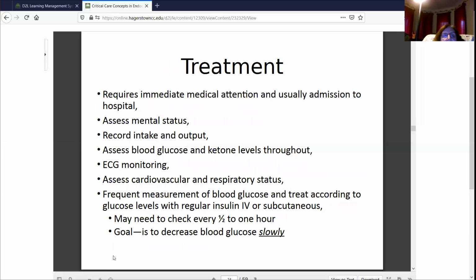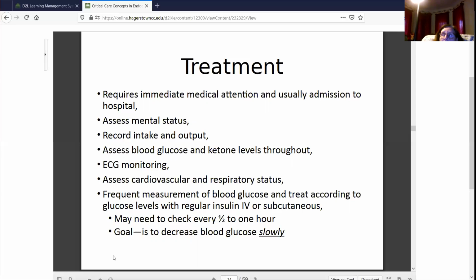Okay. So, how do we treat it? It requires immediate attention, usually admission into the hospital. Assess their mental status as a nurse, record intake and output, assess blood glucose and ketone levels throughout treatment. ECG monitoring, they really need to be on a monitor.